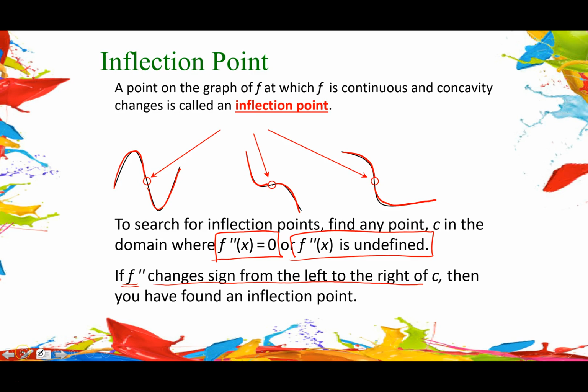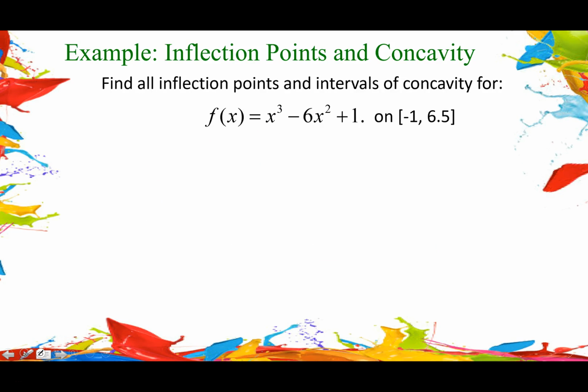This will make more sense once we do an actual problem. All right, so we're going to find all inflection points and intervals of concavity. If you see the phrase inflection points and concavity, this is the second derivative test. The second derivative test finds inflection points and concavity.